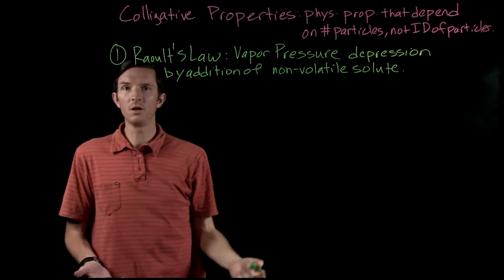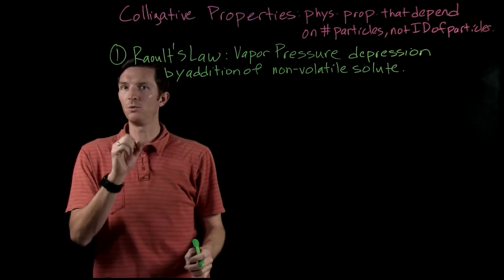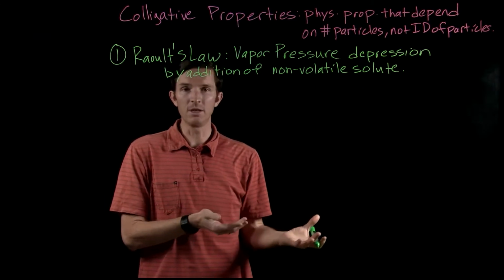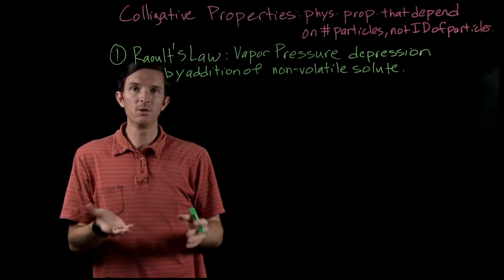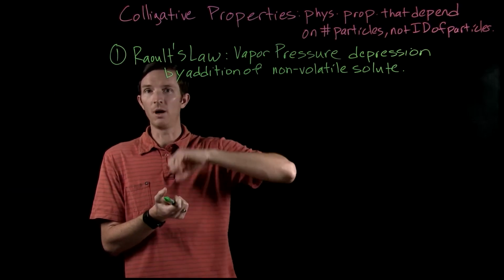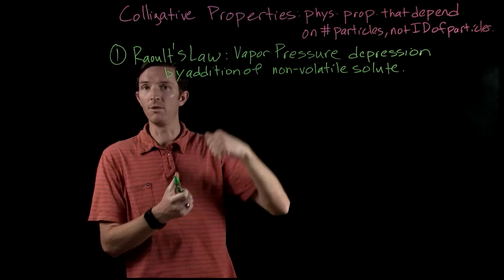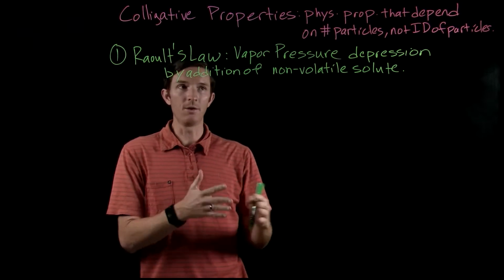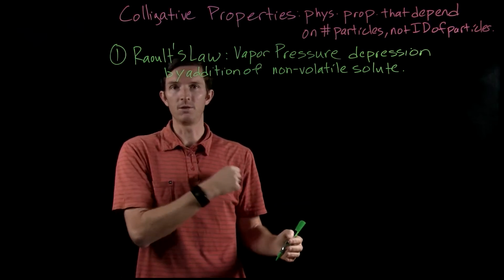Okay, so a non-volatile solute just means something that we dissolve maybe into water or cyclohexane or some solvent that doesn't actually contribute to the vapor pressure because it's not volatile. It doesn't actually evaporate off and create a vapor pressure above the liquid. That would create a lot of other issues if we dealt with volatile solutes.